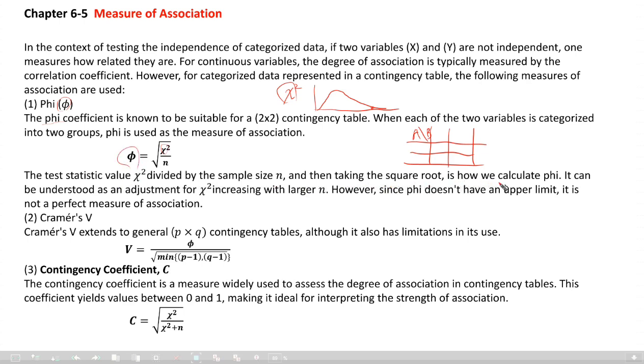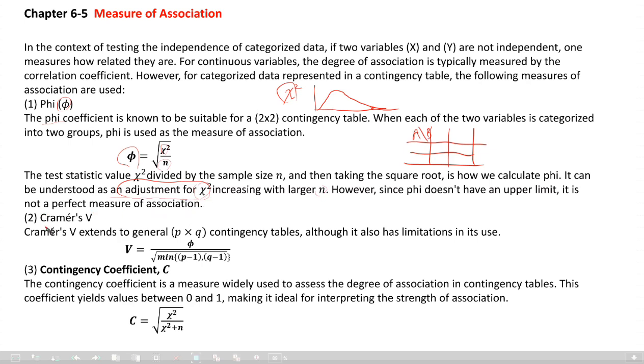It can be understood as an adjustment for chi-square, whose value increases with larger n. If you have a large sample size n, the value of chi-square increases, so it is just an adjustment for chi-square by dividing by n. However, since phi does not have an upper limit, no ceiling, it is not a perfect measure of association.